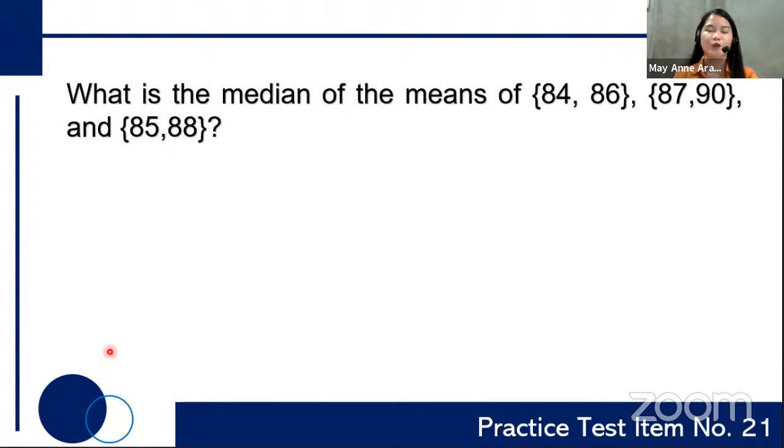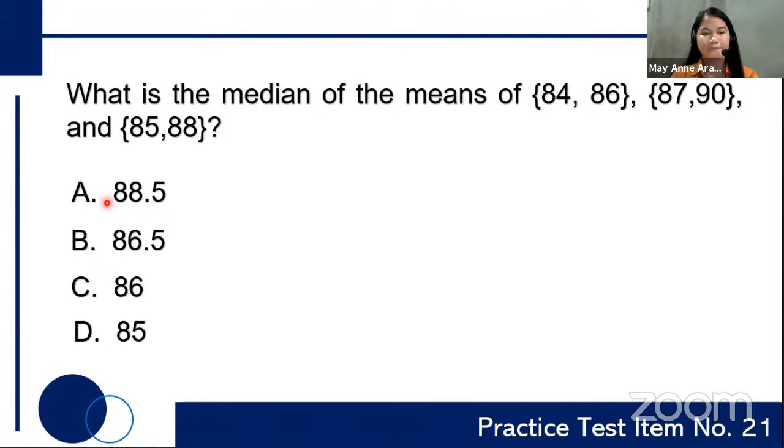Ito na, madadali nito. What is the median of the means of this? 84, 86, 87, 90, and 85, 88. Madali lang to. Median, mid of the means. Kukunan nyo muna yung mean, then identify the median. Okay. May one answer tayo.